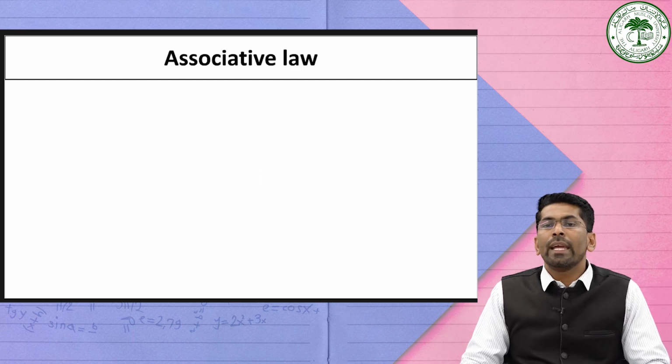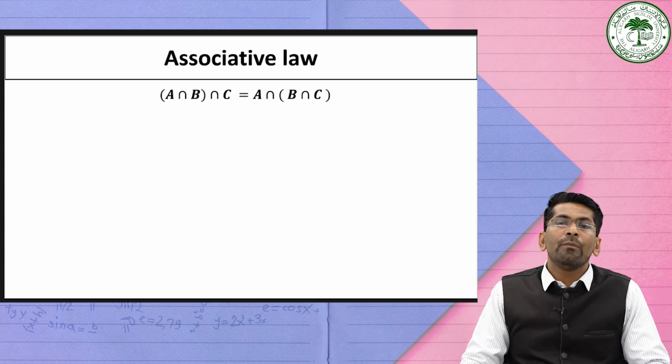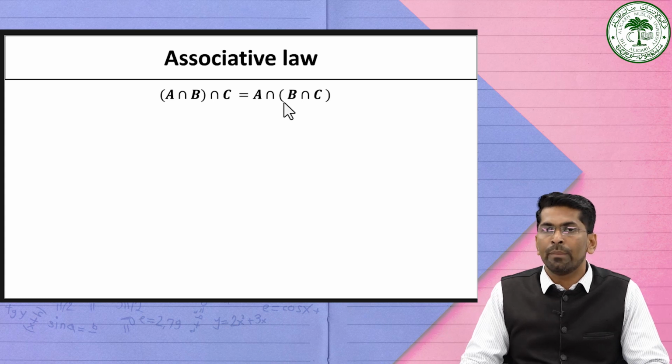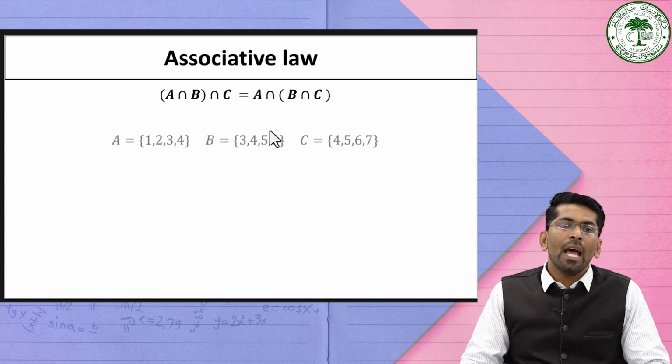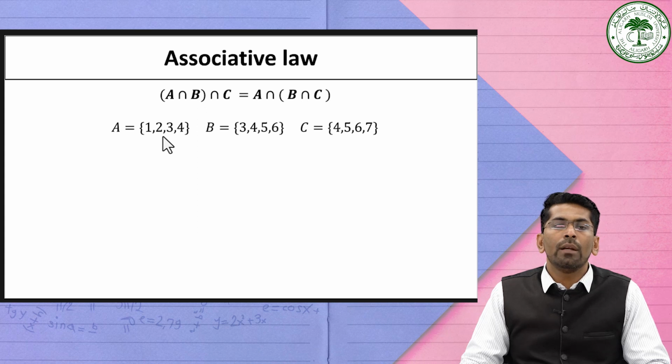Let us consider an example with sets A, B and C to prove the associative law, that is (A intersection B) intersection C equals A intersection (B intersection C). We have set A equal to {1, 2, 3, 4}, set B equal to {3, 4, 5, 6} and set C equal to {4, 5, 6, 7}.